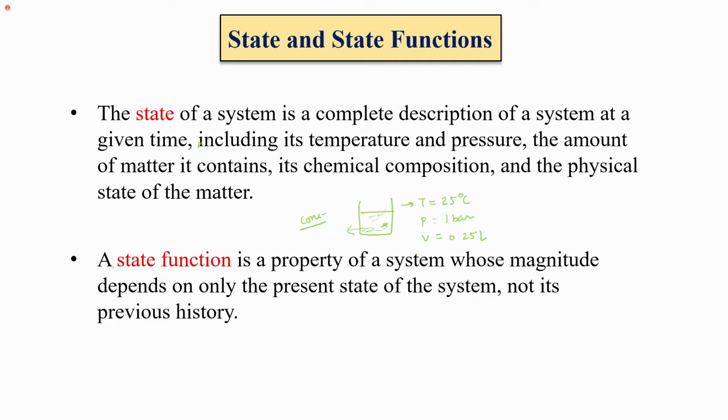So temperature, pressure, volume, and potential energy are all state functions. Basically it means that it only depends on the final state of the system. It doesn't matter how it has reached that final state. If that is the case, then that will be called a state function.